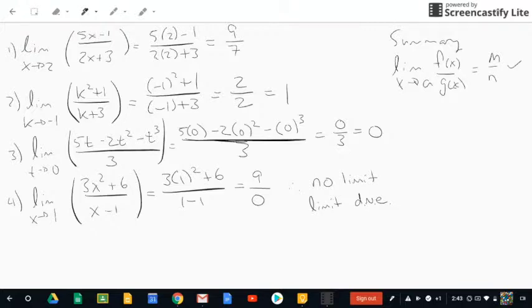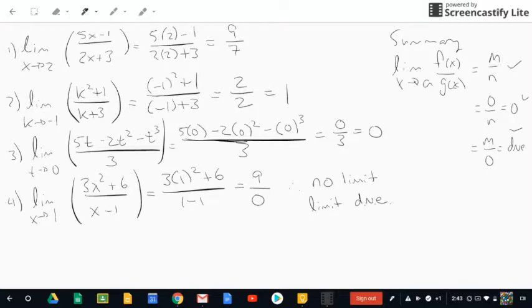I'm okay with m over n. If you get 0 over n, then your limit is equal to 0. That's okay. I'm totally fine with that. And finally, if you get m over 0, that means the limit does not exist. And again, I'm okay with that. I'm okay knowing that the limit doesn't exist. I know that there's a discontinuity, there's a hole there, there's a gap.